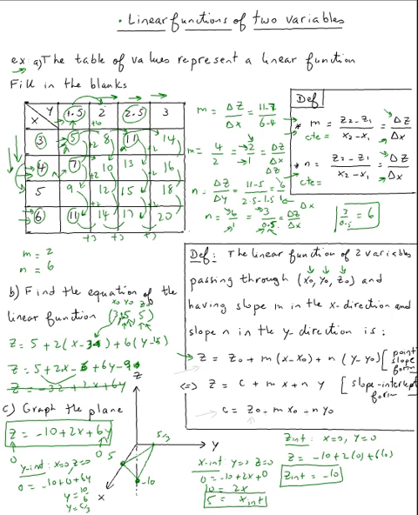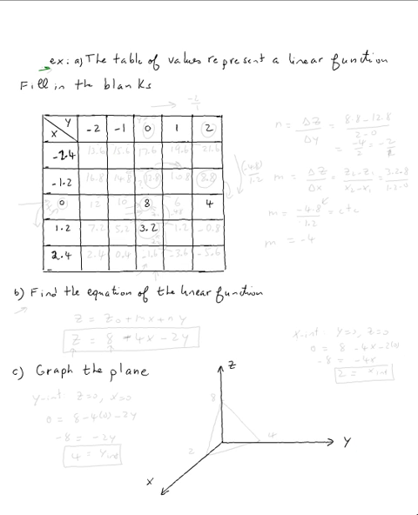So let's move on to the next example. Again, we try to fill in the blanks. So what do we do? Again, I noticed I have 2 points already here, or if I look at M, or actually N, will be easy.